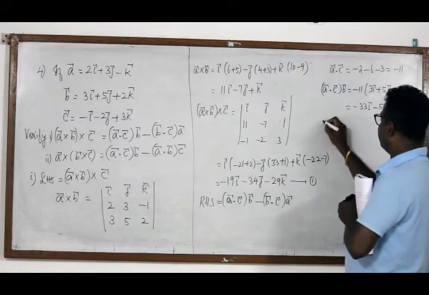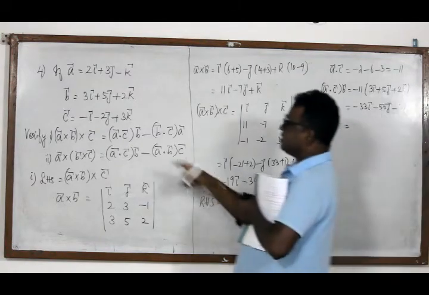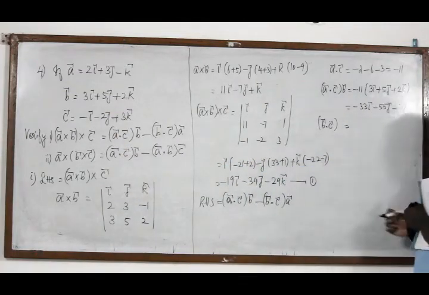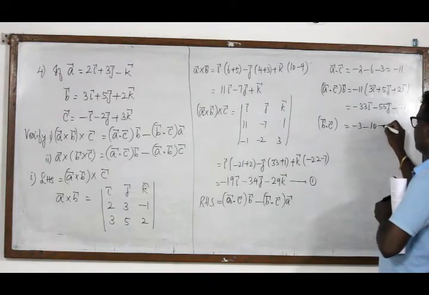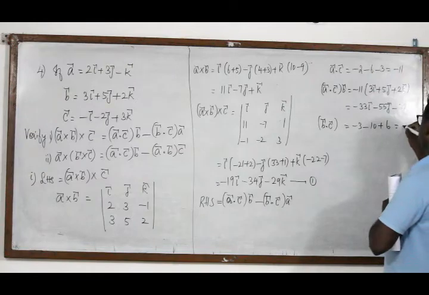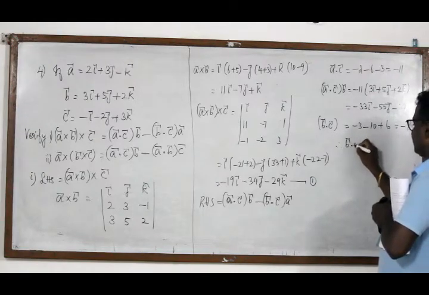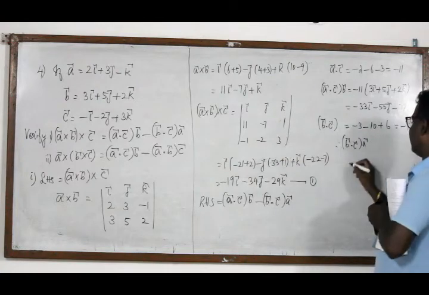Now I need B dot C. I must multiply the components of B and C: i into i, j into j, k into k. So it is 3 into minus 1 is minus 3, minus 10, plus 6. Minus 13 plus 6 is minus 7. Therefore, B dot C into A vector.